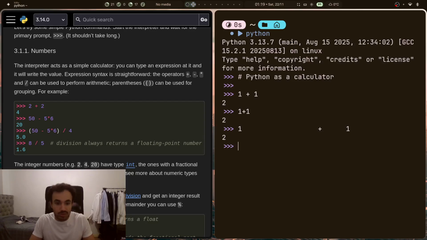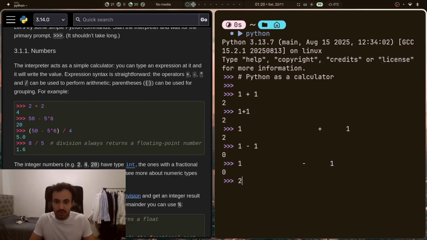We can also do subtraction, so 1 minus 1, that equals 0, and the same lexical structure that I explained applies here. So 1 minus 1 also gives you 0, regardless of how you choose to type it. Multiplication is the third one.